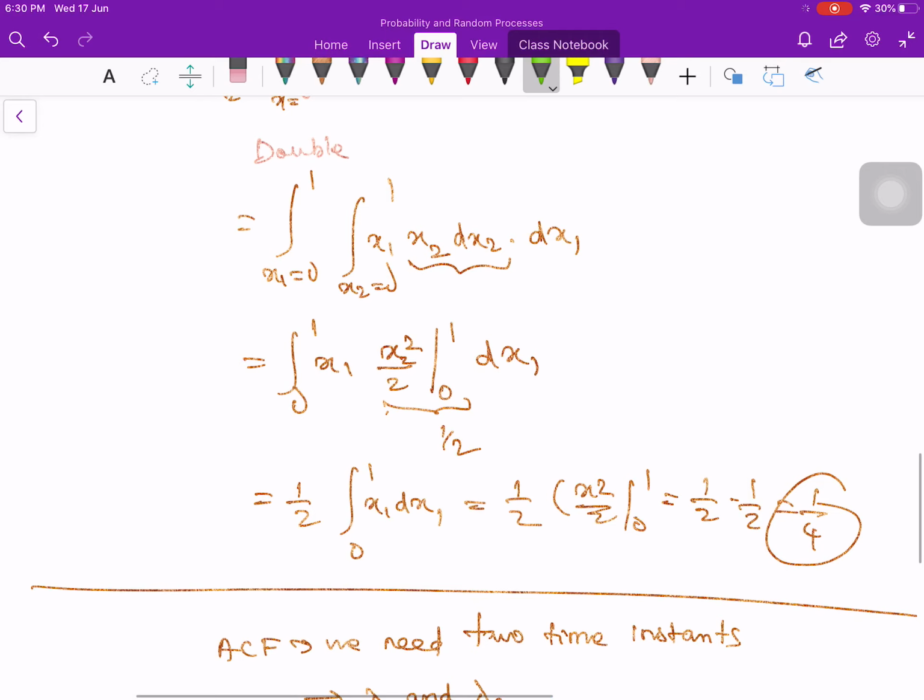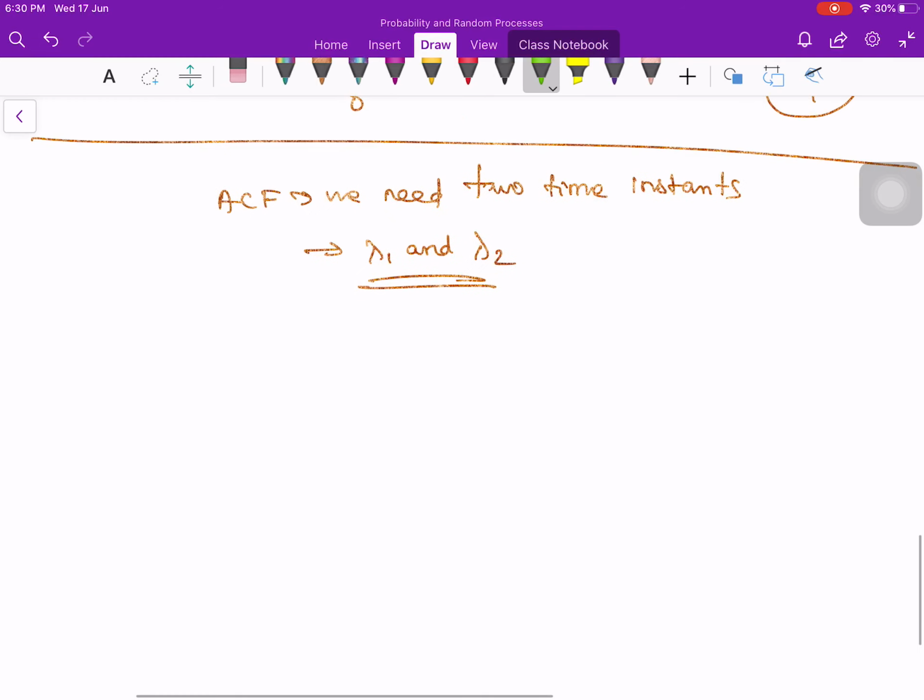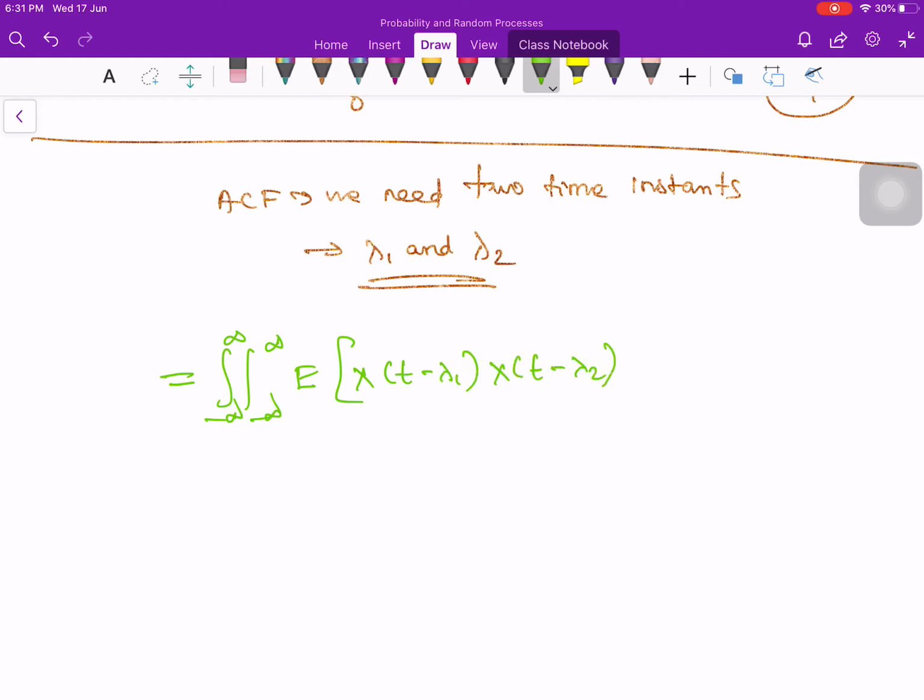Once you do that, it is equal to the double integral, both from minus infinity to infinity, of the expected value of x of t minus lambda 1 times x of t minus lambda 2, and h of lambda 1 and h of lambda 2 are constants, so you can pull them out of the expectation, d lambda 1, d lambda 2.